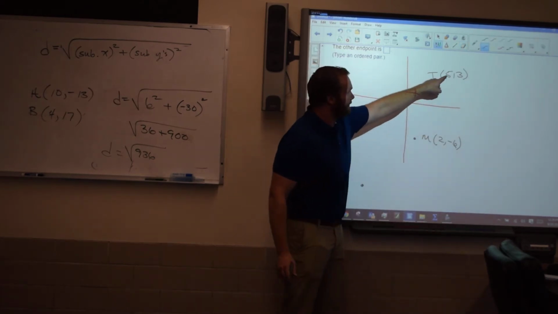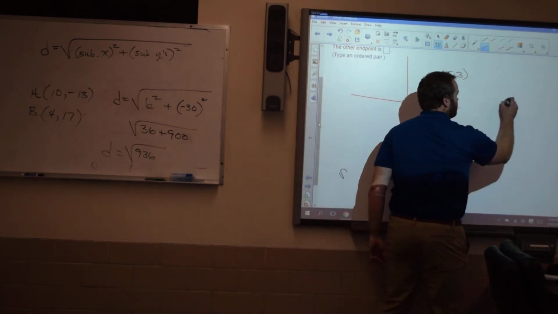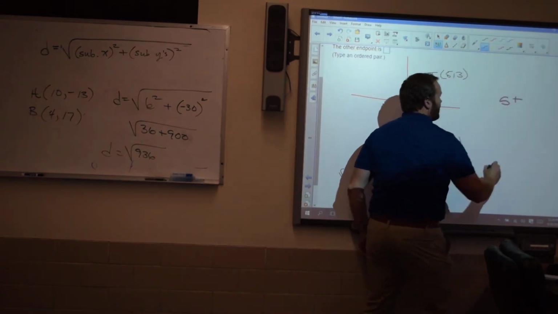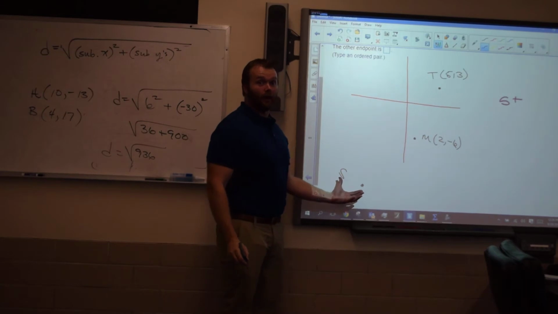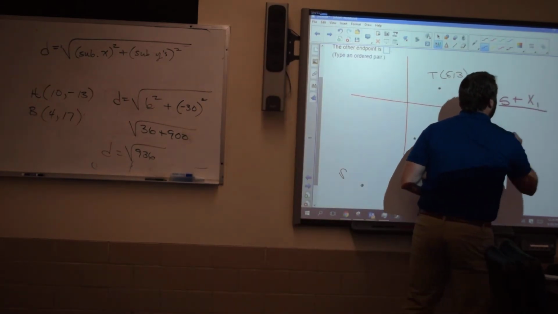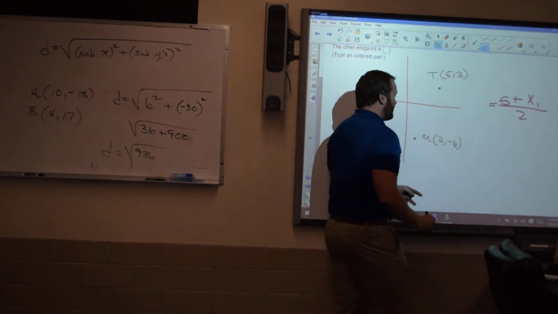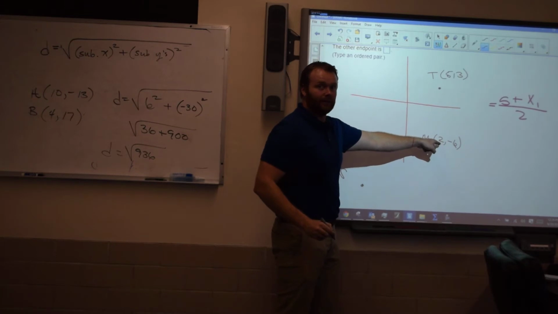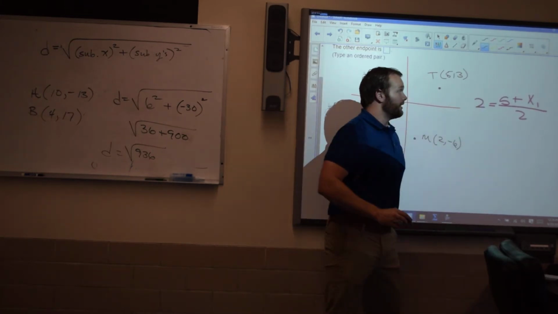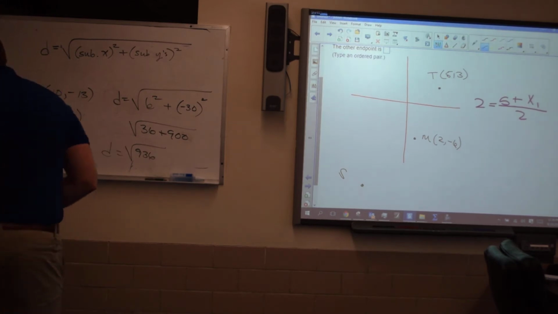He's thinking, okay, I have to take that coordinate of 5 and add it to some number that I don't know, but when I divide by 2, I need to get that number right there. I need to get 2. If you remember from yesterday, that's exactly what the midpoint formula said.